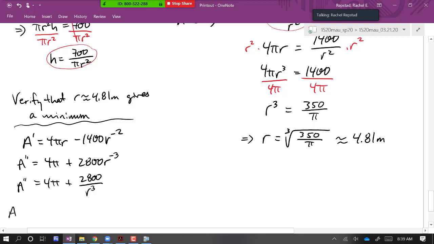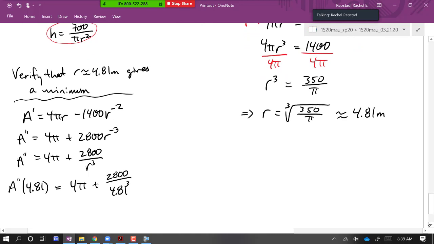If we plug in 4.81, I don't think I need a calculator to actually find the value, I don't need a calculator for the analysis, because this is very clearly going to be positive. 4 pi is positive, and I'm adding another positive. 2800 divided by 4.81 cubed has to be positive. So this is positive, which means that we found a minimum.